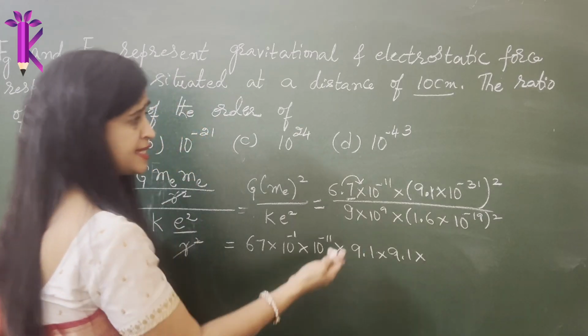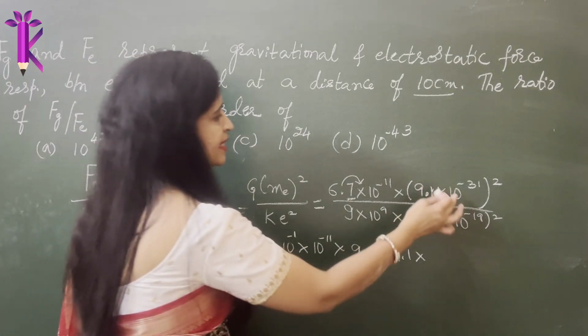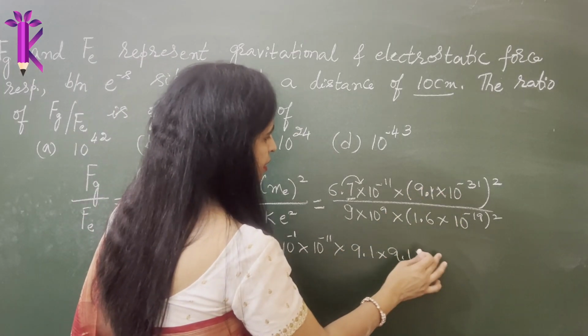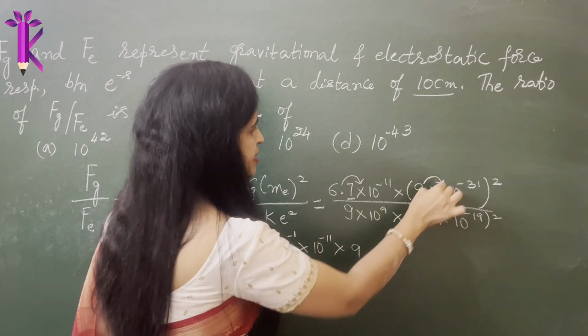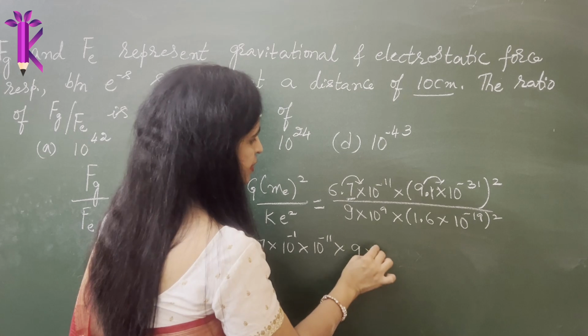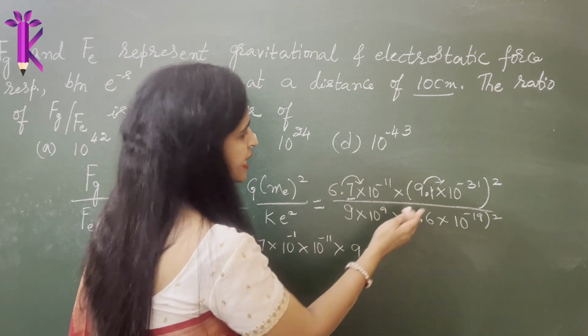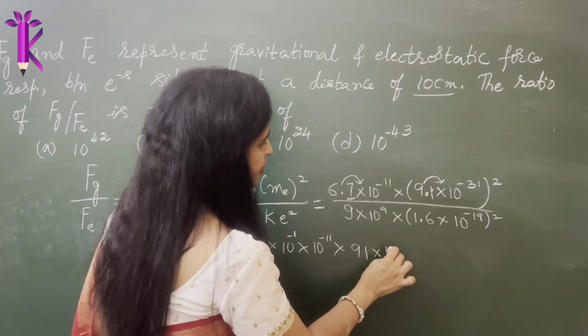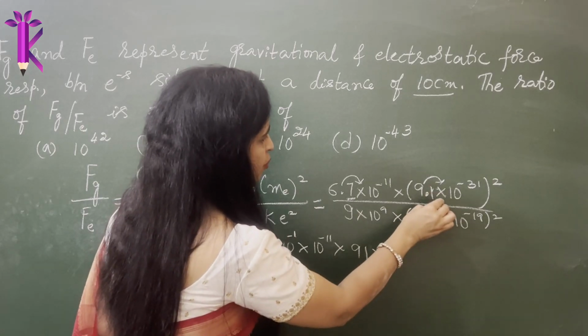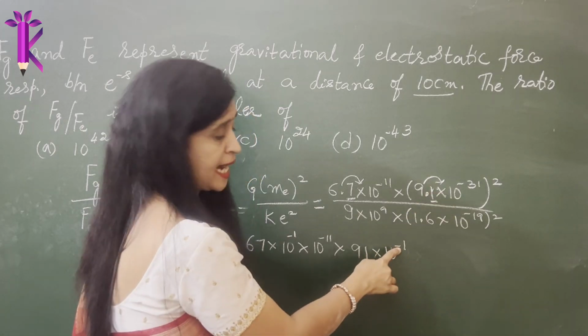You can shift the decimals here as well. So if I shift the decimals here, it will be 91 into 10 to the power of minus 1, because you are shifting one decimal place, so the power of 10 decreases.